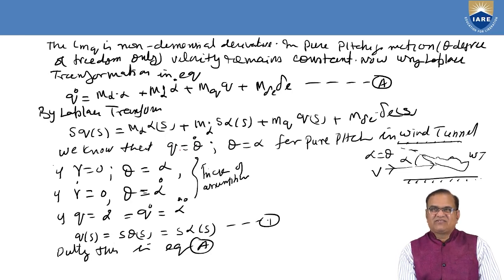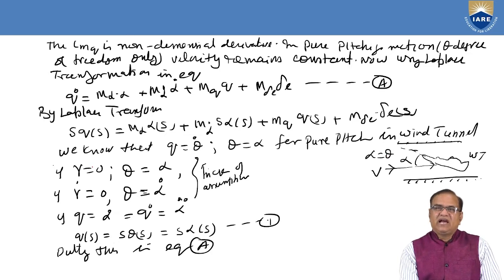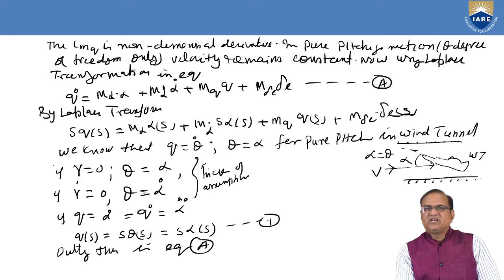Previously we have given that q is equal to theta dot, and we know for pure pitching, theta is equal to alpha if we are putting it in the wind tunnel. So here if gamma is equal to 0, theta is equal to alpha, so gamma dot is equal to 0, and theta dot is equal to alpha dot. So here q is equal to alpha dot.